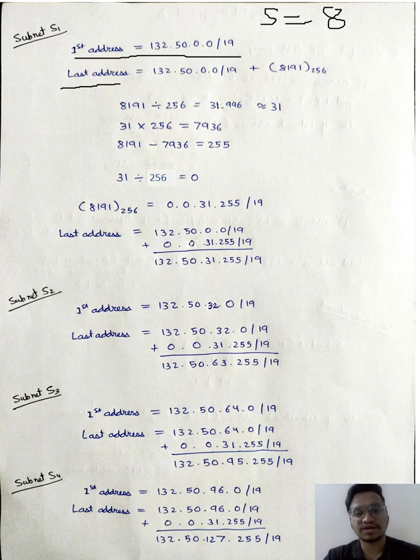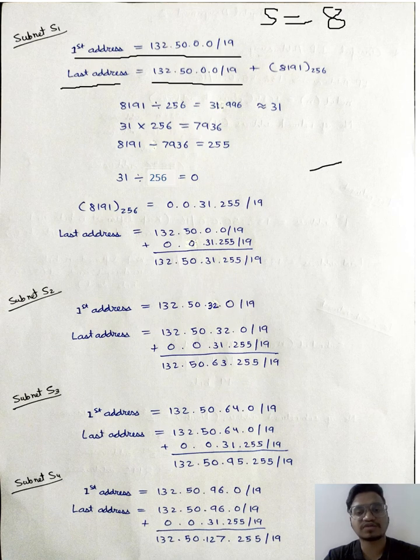The number of addresses in each subnetwork is 8192, but we have to add 8191 to the first address of each subnetwork to move to the last address of that subnetwork.